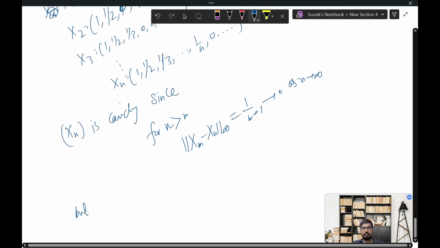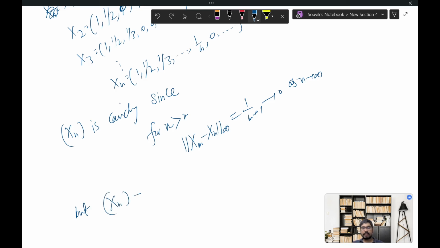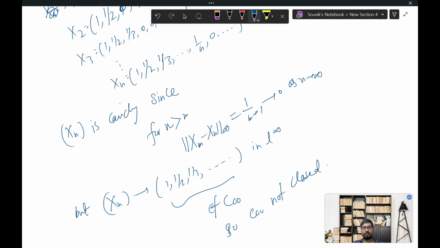But obviously xn converges to 1, half, 1 third, dot dot dot as n goes to infinity, but this thing does not belong to c00. So c00 is not closed.